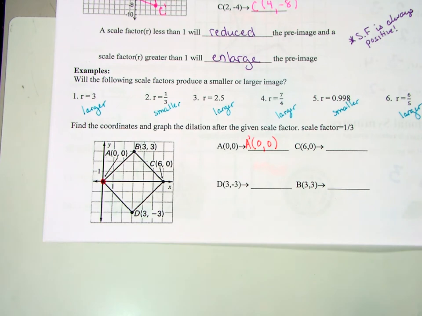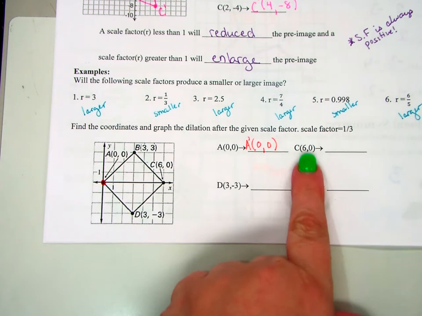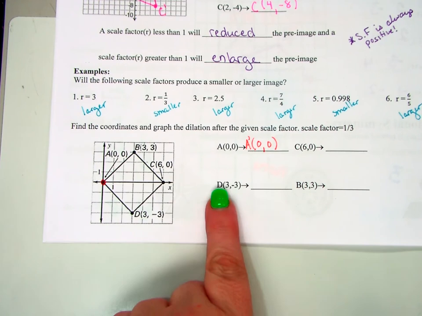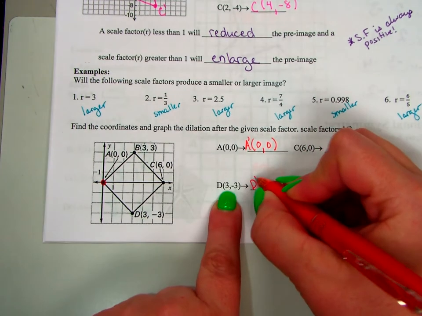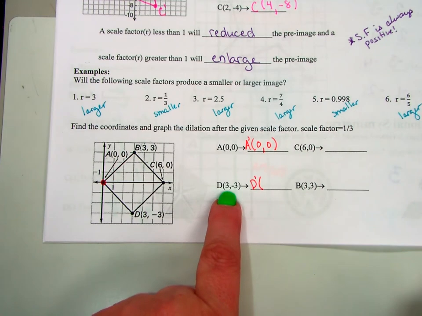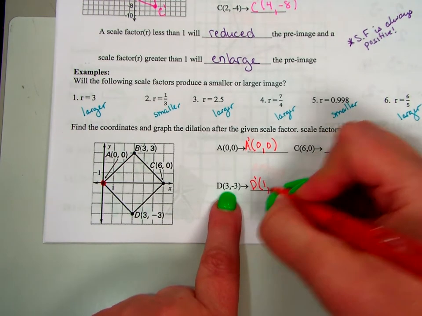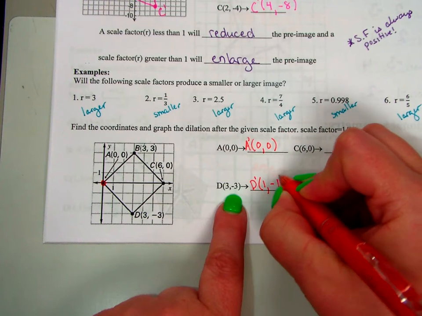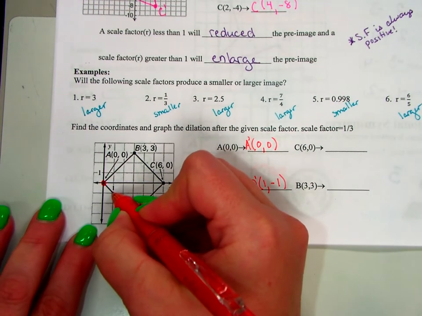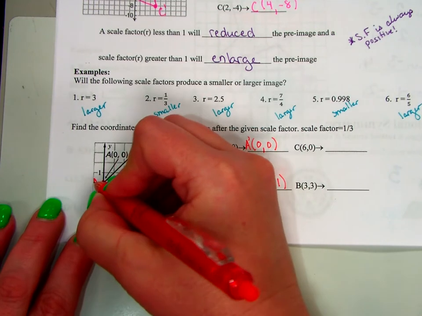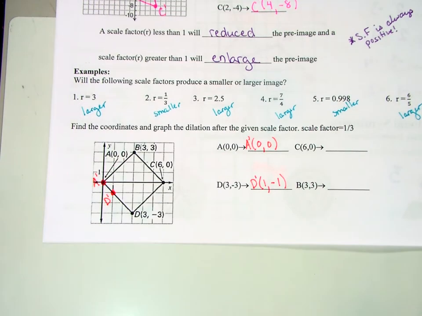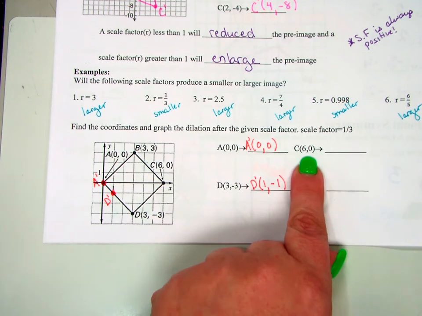Anytime you have something at the origin and you're dilating with respect to the origin, it'll stay where it is. Okay. Since I don't have them written in order here, let's just go down here to D. 3, -3. So D prime will be at what's 1/3 of 3? 1. And so then 1/3 of -3 is -1. So 1, -1. Here's D prime. This is A prime. C, 6, 0.